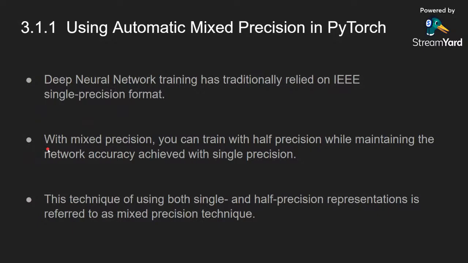With automatic mixed precision enabled GPUs, which I think most of the GPUs on Google Colab and Kaggle notebooks are, you can train in half precision while maintaining accuracy. In a simpler sense, you can train your model while maintaining the accuracy and consuming less memory, making the training faster.